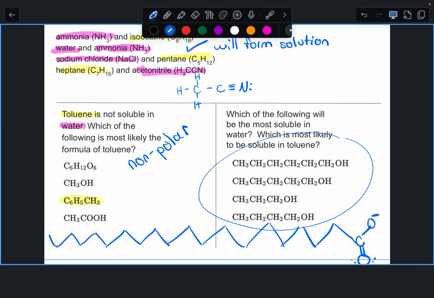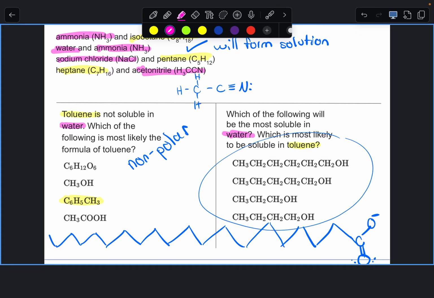So in this example, which of the following will be most soluble in water? It doesn't just say which will be soluble, which will be most soluble, and then which is most likely to be soluble in toluene. Remember, toluene was our non-polar thing that we talked about in the previous question. So I'm going to keep with our highlighting: pink polar, yellow non-polar, okay?